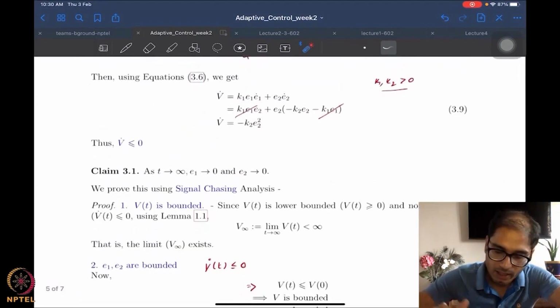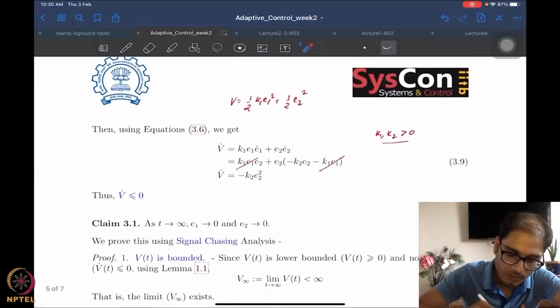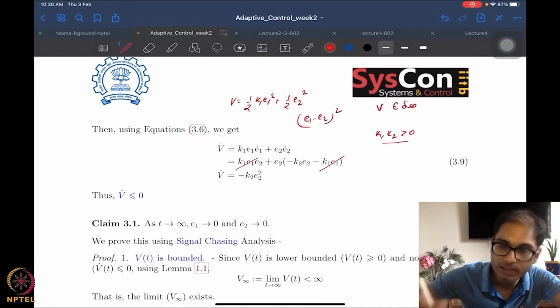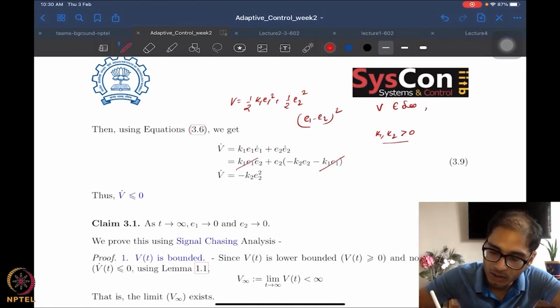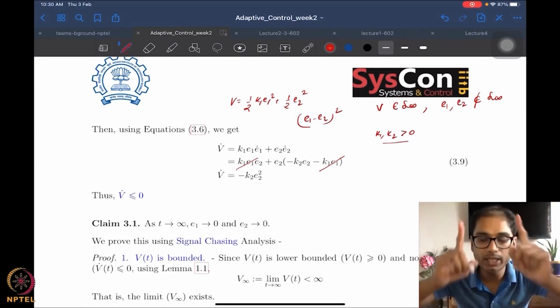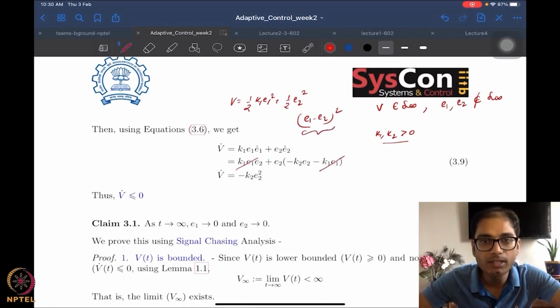Instead, if V was of the form something ridiculous like E1 minus E2 squared, and I said V is bounded, which is the same as L infinity, remember, I cannot guarantee E1 and E2 are bounded. Why? Because E1 can become really large and E2 can become really large, but they can remain the same. They can go to infinity together, but this difference will always remain bounded.